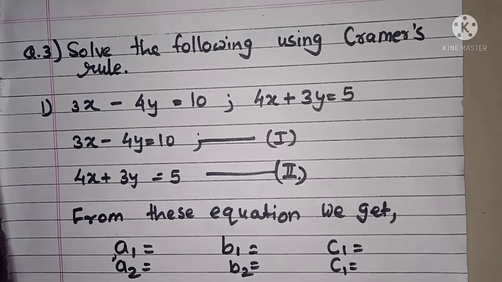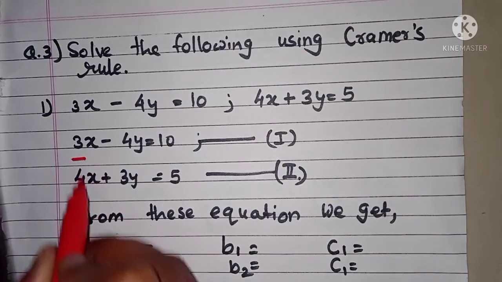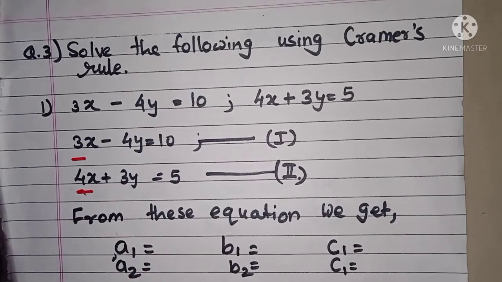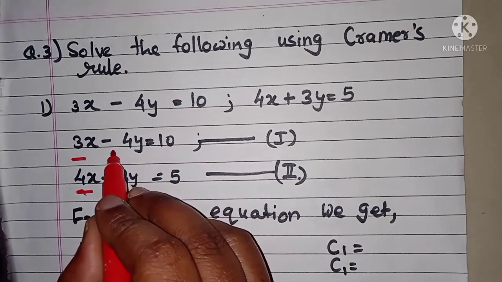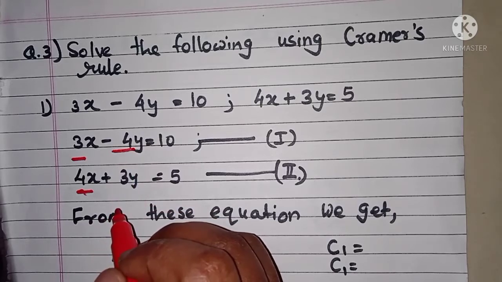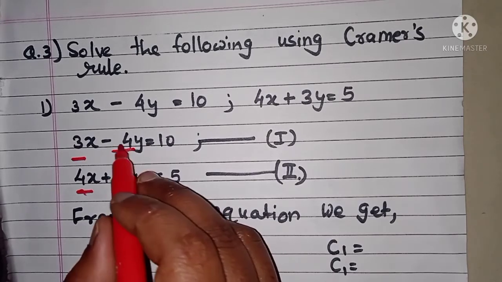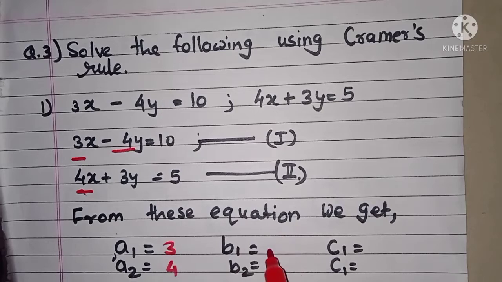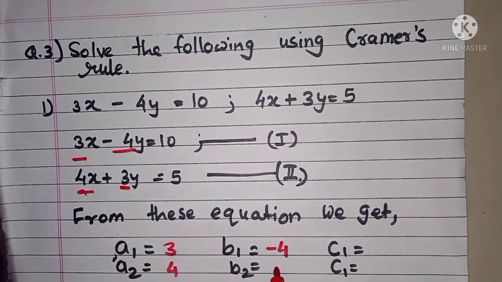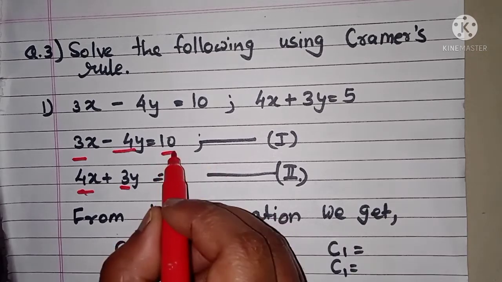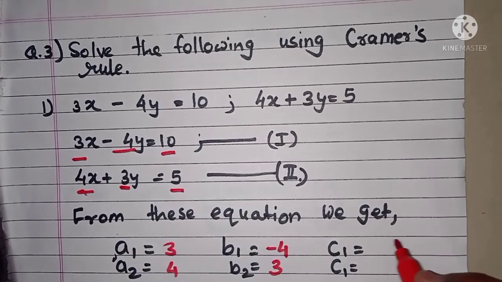Okay, now let me clear it up. These are our a1 and a2, 3 and 4, and for the coefficient of y, if it is minus we have to consider minus. By the rules there is a plus there, so if minus is mentioned here, you have to write -4. This is your 3, and these are your c1 c2.